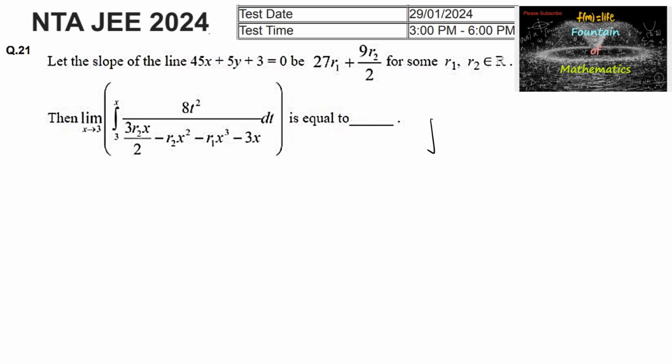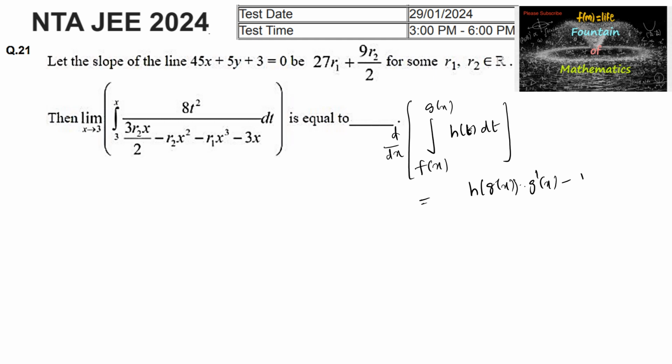And we know that for the integral from f of x to g of x of h of t dt, differentiating gives h of g of x into g dash of x minus h of f of x into f dash of x.